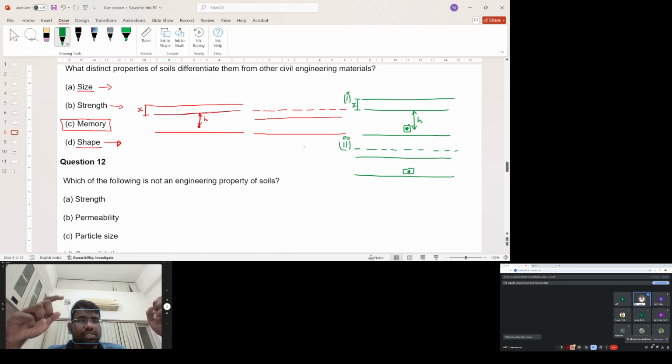So you can understand what this particular soil has undergone in the past years, such that it is behaving like this. That is the unique aspect of soils which differentiates them from other materials. In layman's language we call it memory. Hope I am clear. And if I am not clear, please don't worry. You will relate it more as the course progresses.